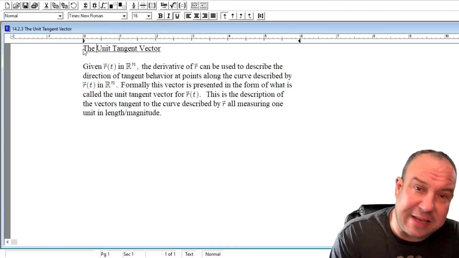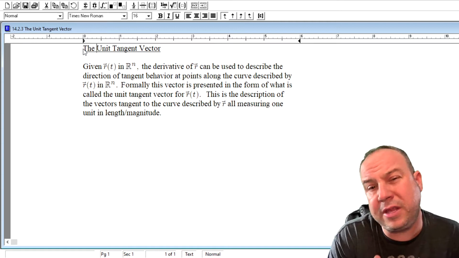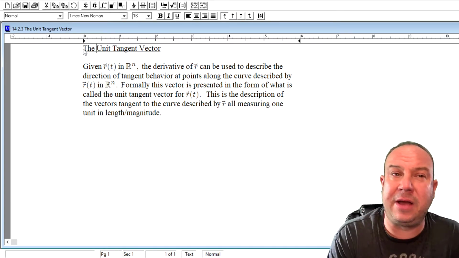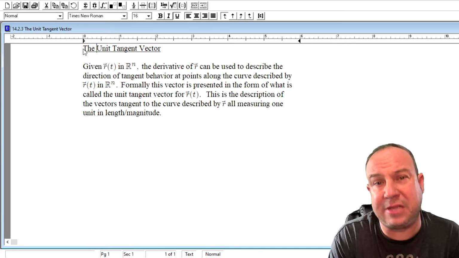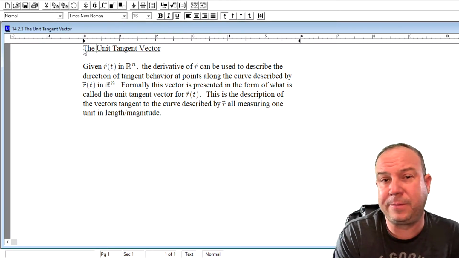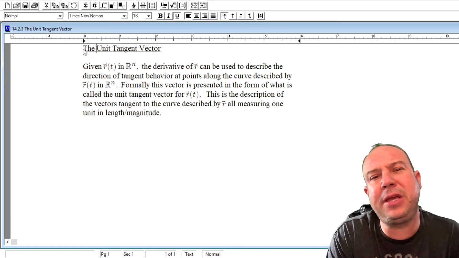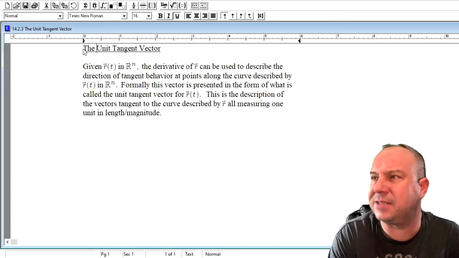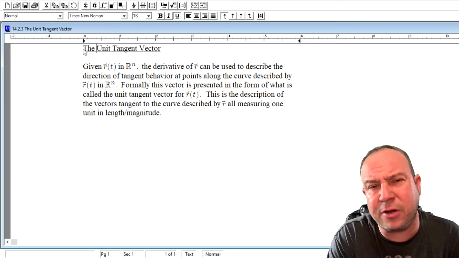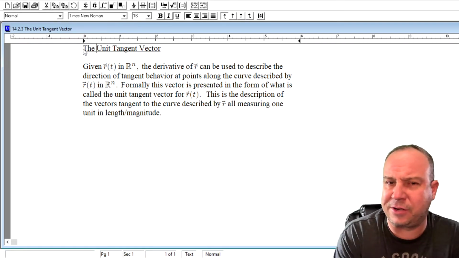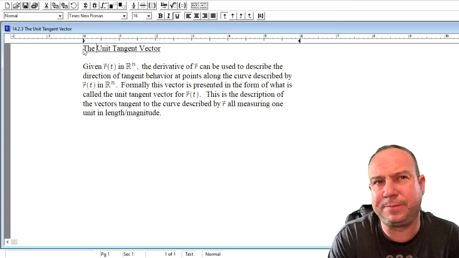Just like it was back in Calculus 1, when we learned about the derivative, one of the interpretations was that, when calculated for a function, it describes the slope of the line tangent to that function. Well, here, that slope is interpreted in the vector context, and we are given a description of tangent behavior with a tangent vector given by the derivative of our vector-valued function.